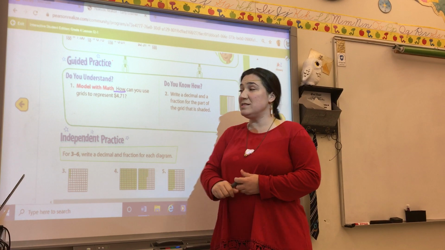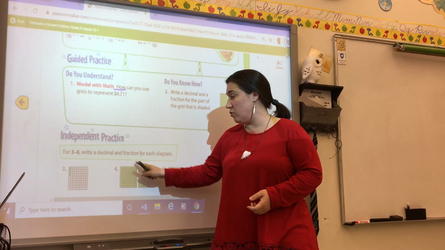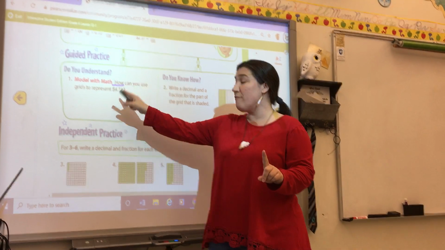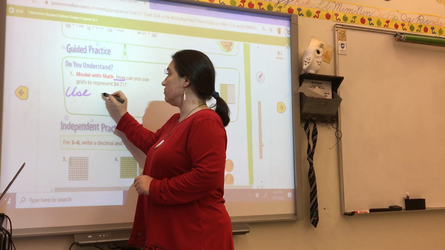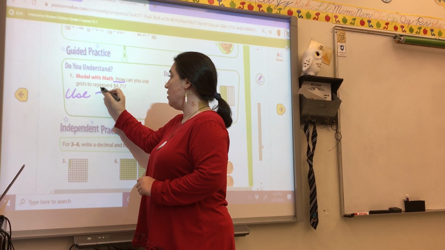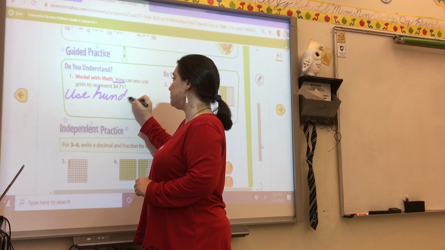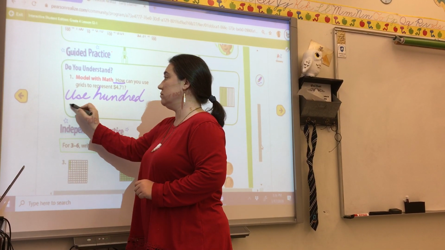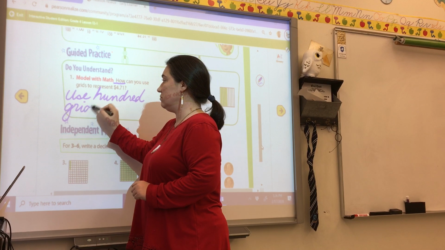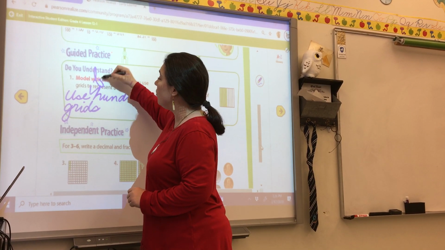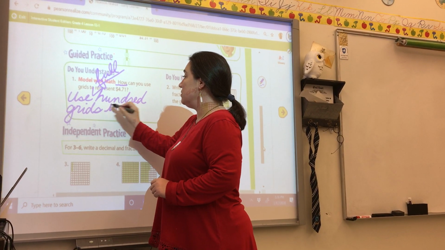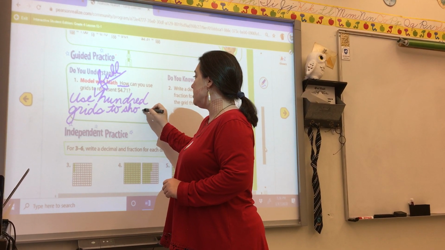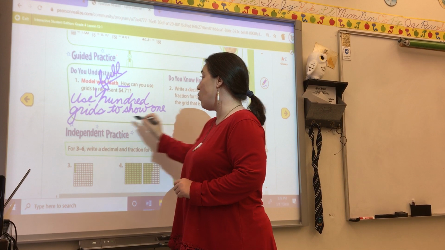So grids, each whole grid would be 1 whole, but we have 4 whole dollars. So we would have to use full 100 grids to show ones, or in this case $1.